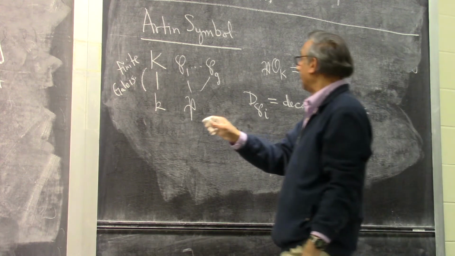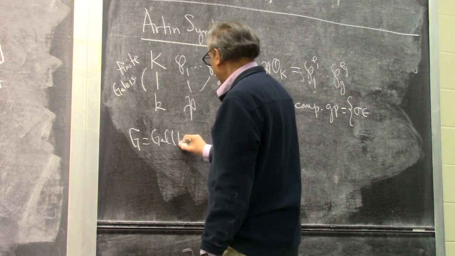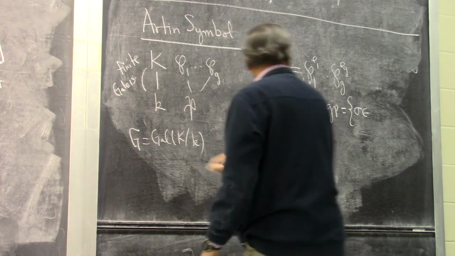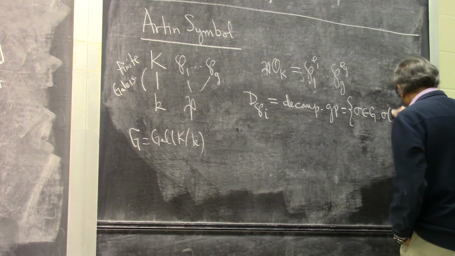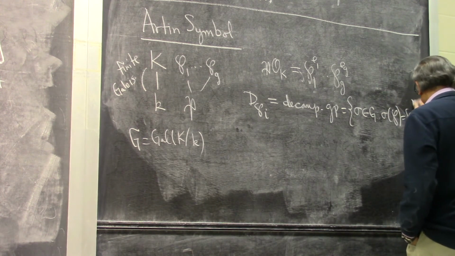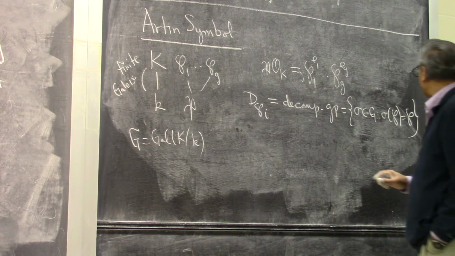Let's give a name to this Galois group: G is Galois group of capital K over K. So sigma is in G such that sigma of P is P. So it fixes that.